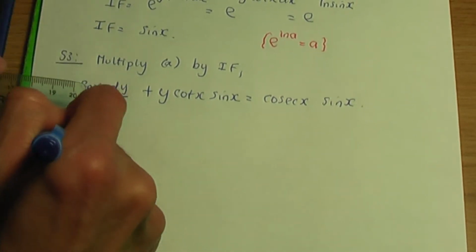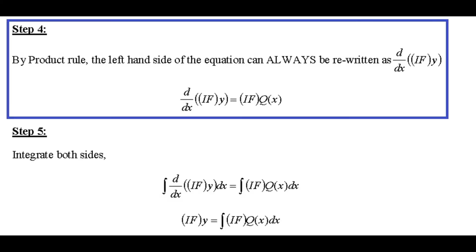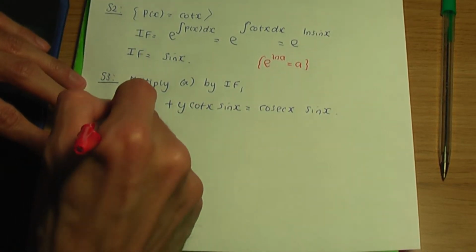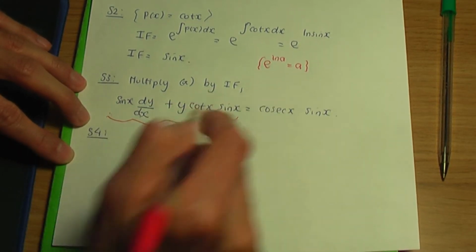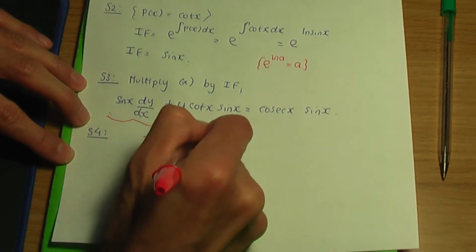So with step number 4, let's go back to the screenshot. Step number 4 is, by the product rule, the left-hand side of the equation can always be rewritten as d by dx of IFy. So this is always the case when it comes to this step. Back to the paper and pen. The reason why I didn't simplify this further is because, regardless of the simplification, this whole term is always d by dx of IFy.